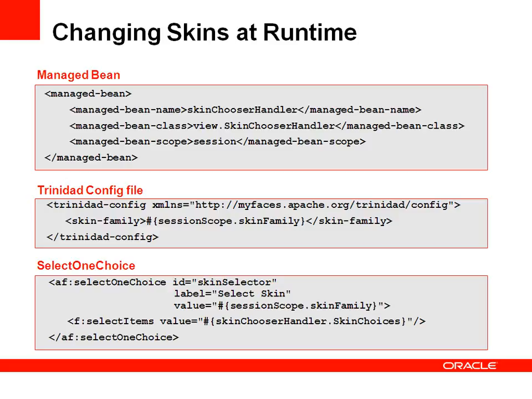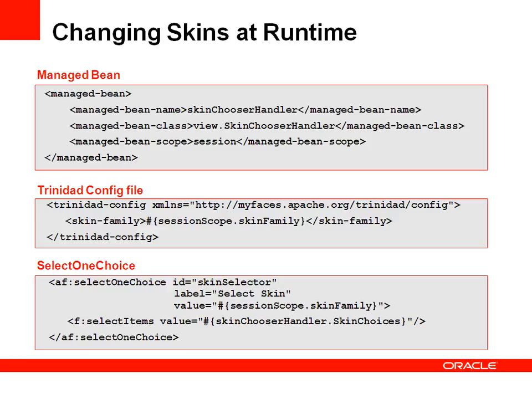For space reasons, I just took that out on the slide here. And then there's the select one choice component, which also references for its default value the session scope attribute. And then I have a select item configuration pointing to the managed bean.